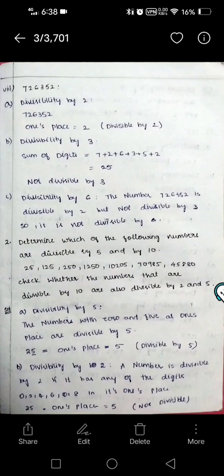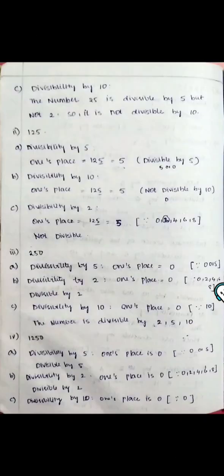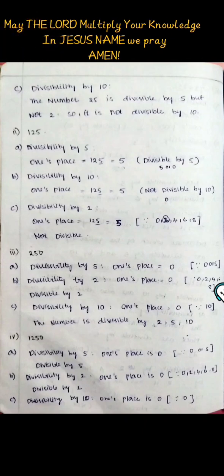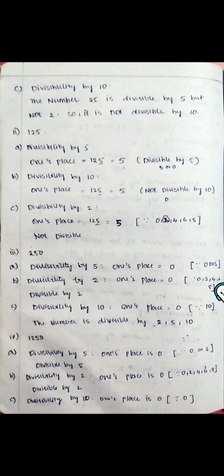Divisibility rule by 2: a number is divisible by 2 if it has any of the digits 0, 2, 4, 6, 8 in its ones place. So for 25, in the ones place it is 5, so it is not divisible by 2. Divisibility by 10: the number 25 is divisible by 5 but not 2, so it is not divisible by 10.